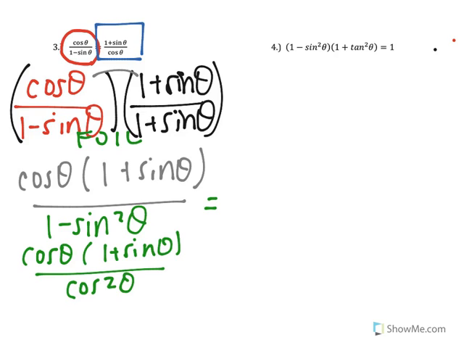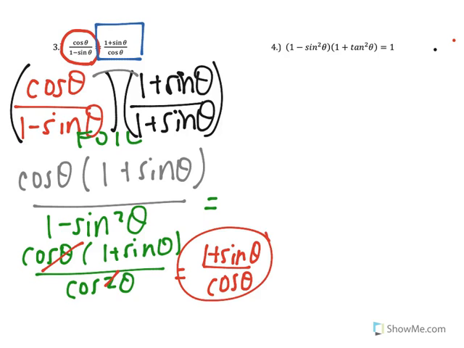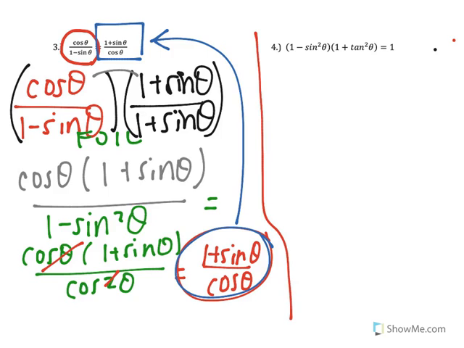My squared will cancel on the bottom, my cosine on the top, and guess what? I'm left with 1 plus sine over cosine. I know I'm done when I get back to what I had in blue. Always easier to start on the left side in this case for this one. Okay, so that's why I wanted to go with that. But the technique's still the same, still conjugate.